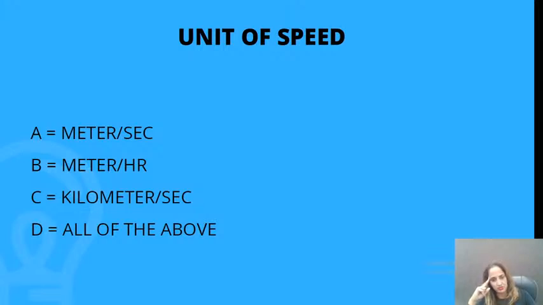I think it's kilometers per second, or maybe all of the above. What do you think? The SI unit of speed. It's meter per second. Correct. That is absolutely right.